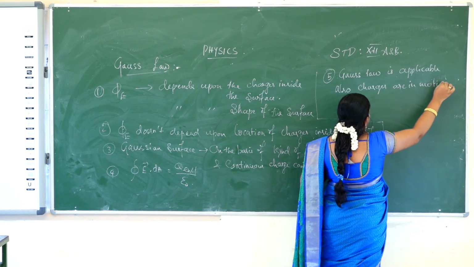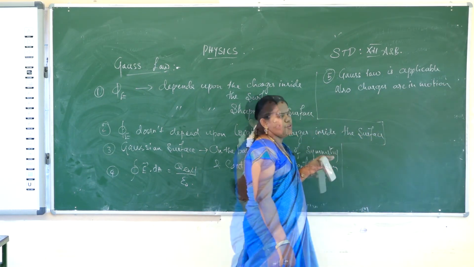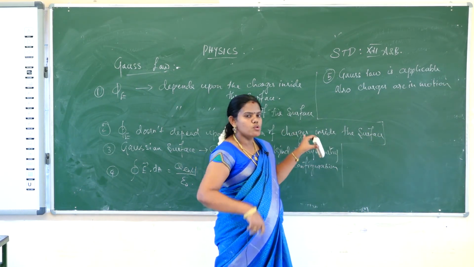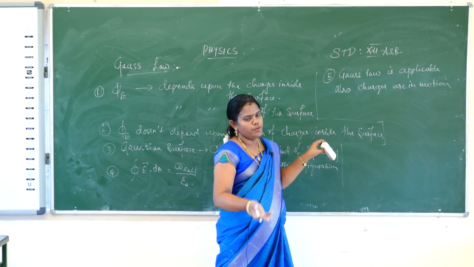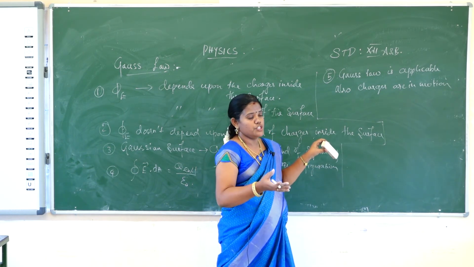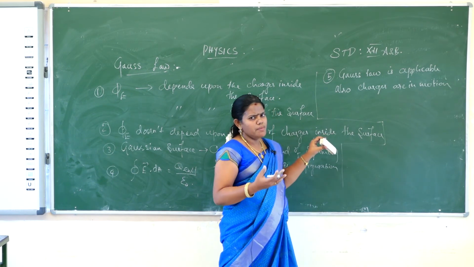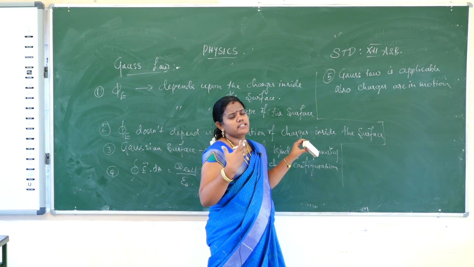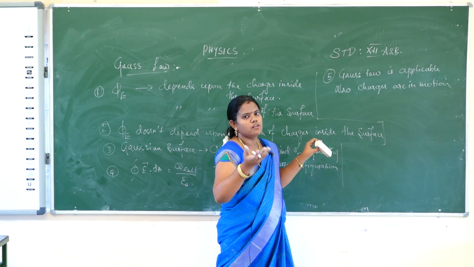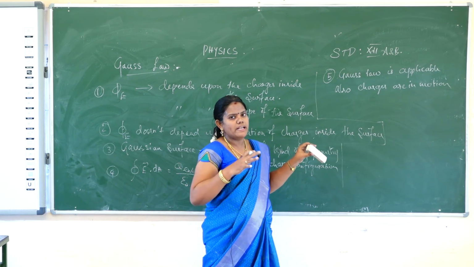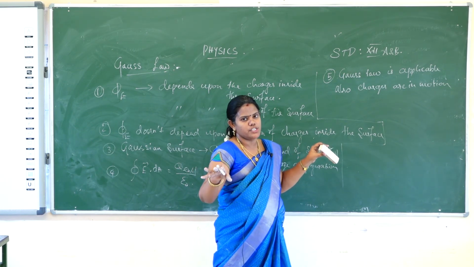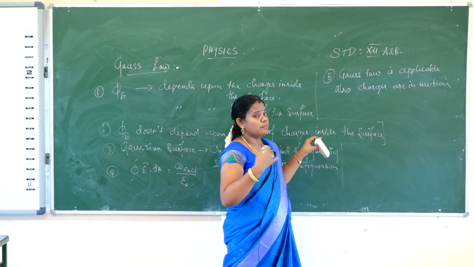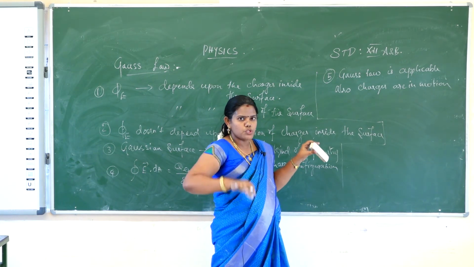In this lesson we deal only with charges in the stationary position. But Gauss law is also applicable to charges in motion, so it is very easily treated compared to Coulomb's law. Coulomb's law treats only stationary charges, but this law is easily applicable to charges in motion also.